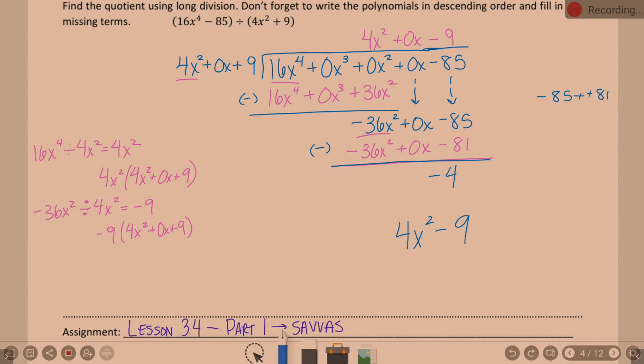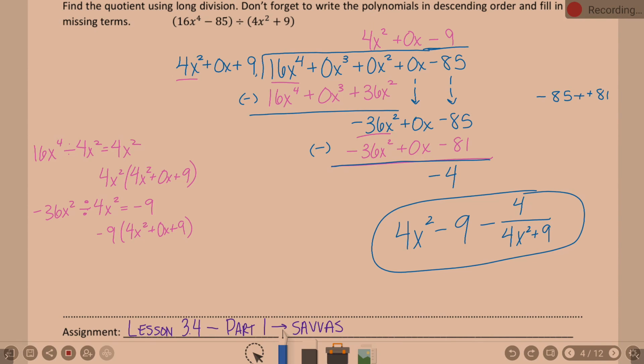But there's not a remainder of 0, so how am I going to write this? Since it's negative, I'm going to say minus 4 over the 4x squared plus 9. Okay?